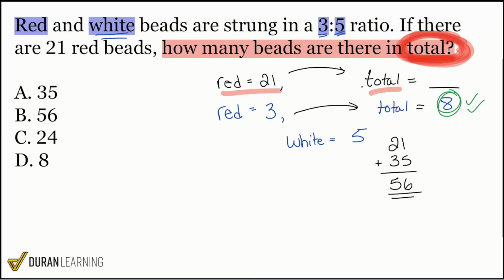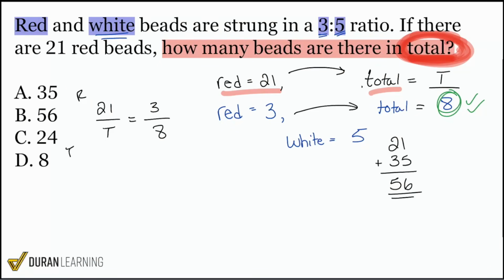How does that help us? Well, guess what? We can now compare red to total. Let me put that T right there. So I'll do red to total. So that'll be 21 to T equals 3 to 8. Look at how easy this is now. I know I'm going to be solving for total.